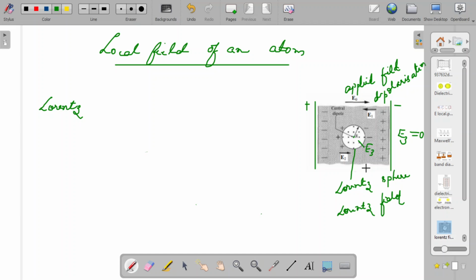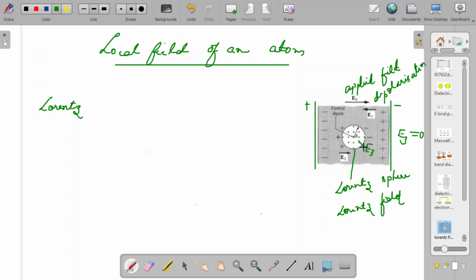But anyway, we have now found out that when an electric field is applied on a dielectric material, there is an applied electric field, there is a depolarization field E1, there is the Lorentz field E2, and then the field within the Lorentz sphere, that is E3.